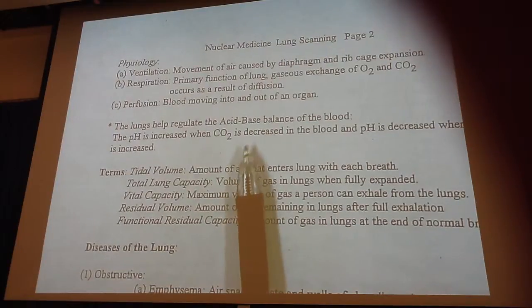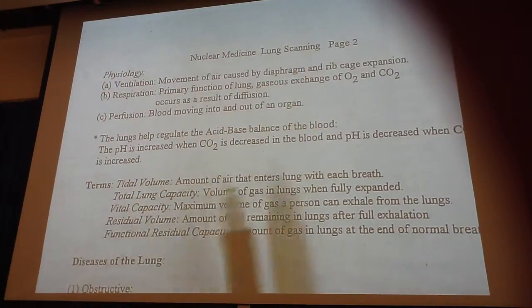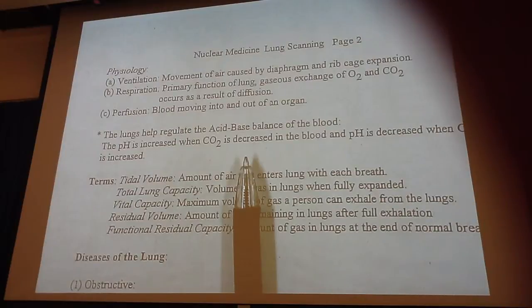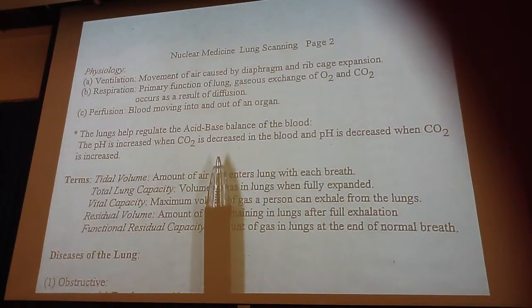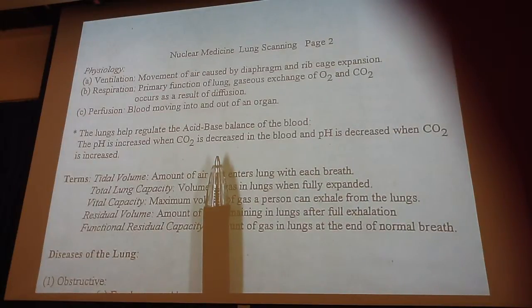So when you blow out a lot of carbon dioxide, your blood becomes more basic. Your blood becomes more acidic when you retain it. Does that make sense?